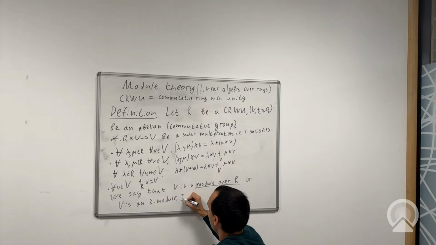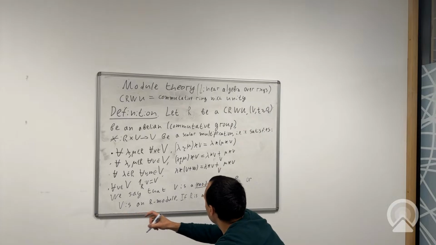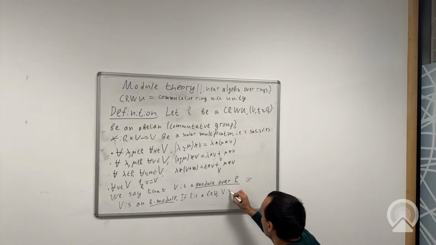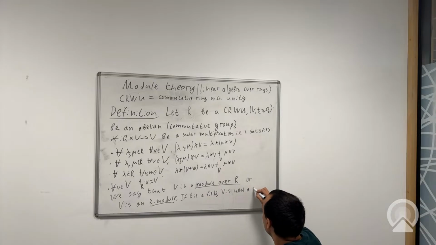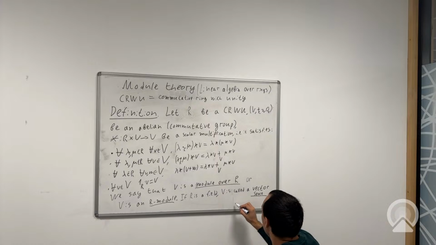If R is a field, V is called a vector space over R.